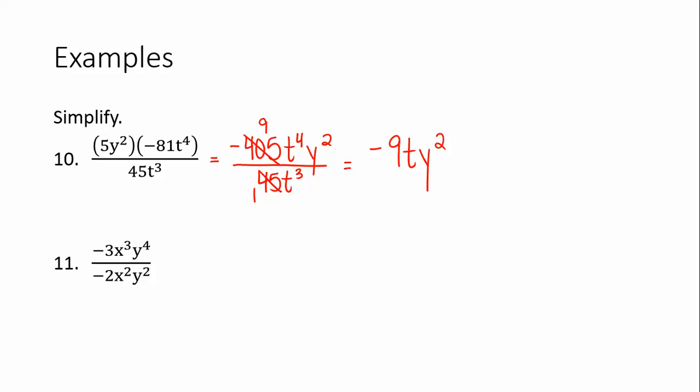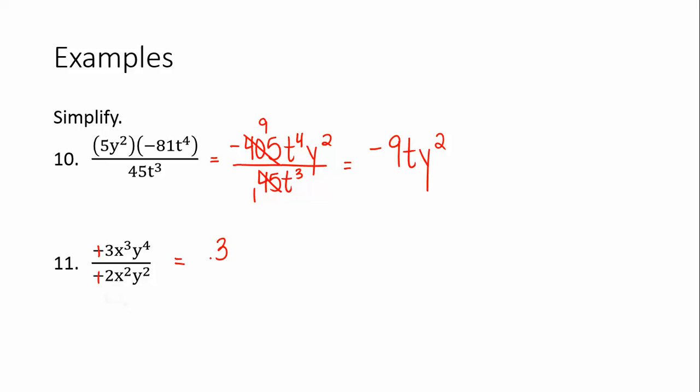Number 11, we have -3x cubed y to the 4th over -2x squared y squared. So as we look at those coefficients 3 and 2, hopefully you're recognizing that those do not reduce. However, they are both negative, and whenever you have a negative in the numerator and a negative in the denominator, we simplify that by making the answer positive. So essentially these negatives cancel each other out, and our final answer will be positive.